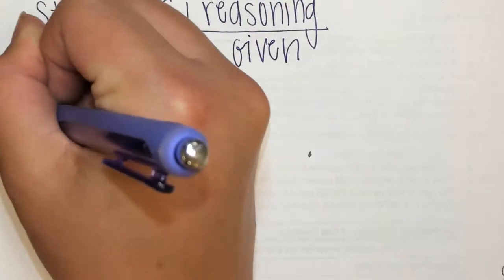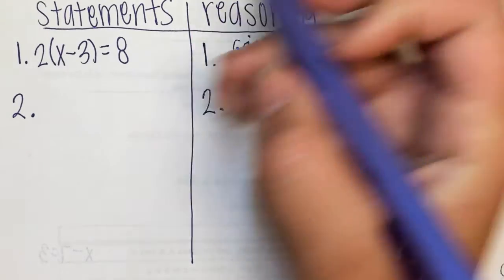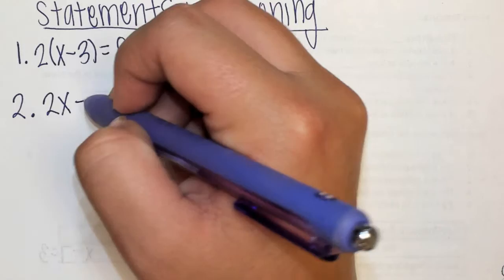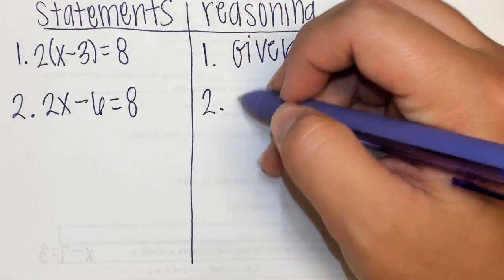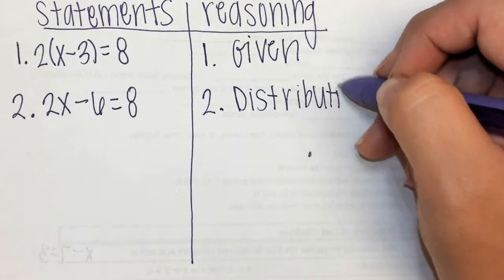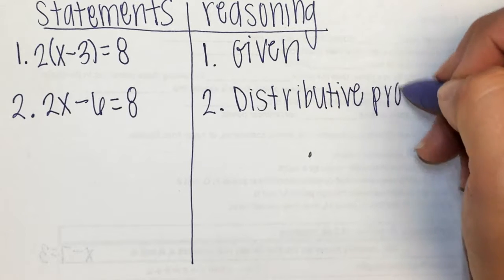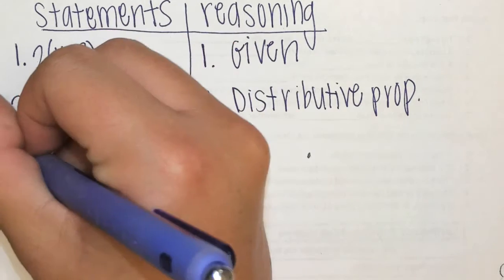Okay, well, statement number 2, what's the first thing you want to do? Right, so go ahead and distribute. So we get 2x minus 6 equals 8. And so your reasoning is distributive property. You can write distributive prop. Solving the equation. So what's our next step?